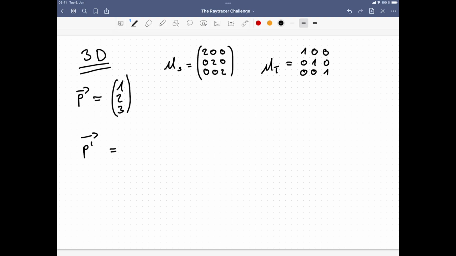And we now add another column, which now has our translation which we wanted, which was 2, 3, 4 in the last column. But now, as our matrices need to be square, we of course need to add another row as well, and we choose to make the rest of the matrix the identity matrix. So we have a 1 in the bottom right corner.